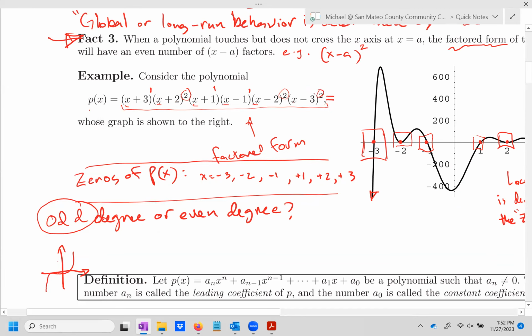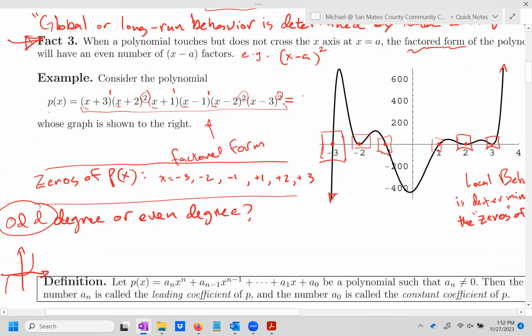So if you expanded it, it would look like x to the 1 plus 1, 2, 3, 4, 5, 6, 7, 8, 9. X to the 9th power, plus a bunch of other stuff. This function actually is x to the 9th power plus da da da da da. The degree of this polynomial is 9. And I can tell by thinking about what would happen if I tried to multiply all this stuff out. Do you believe me? So it is an odd degree.